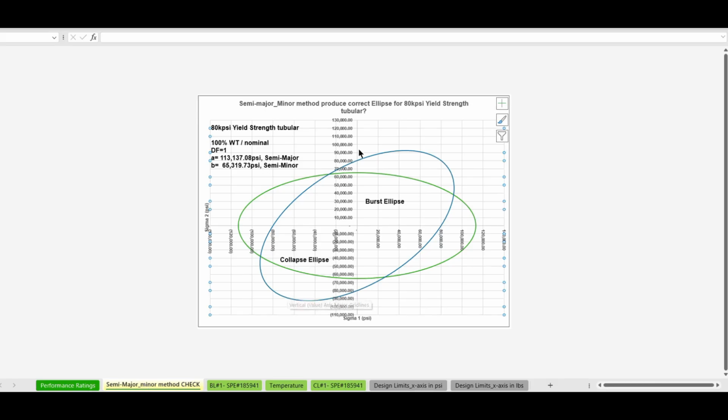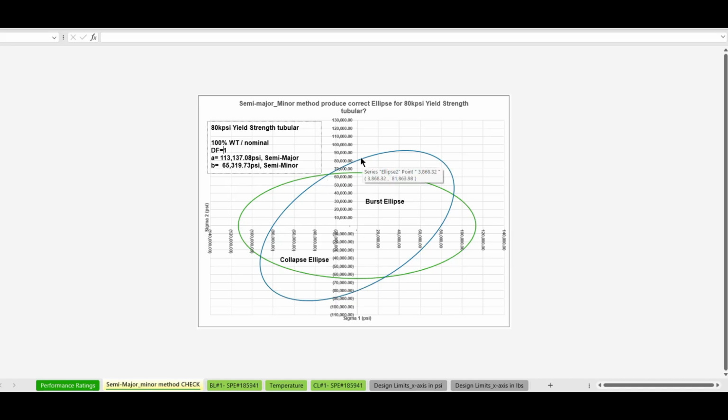You could see that the ellipse is crossing 80,000 psi, which is the yield strength, at every axis, and the design factor is 1. If you increase the design factor, the ellipse will become smaller. For example, with a triaxial design factor of 1.25, you end up with 64,000 psi.